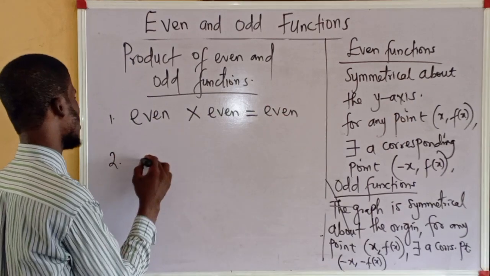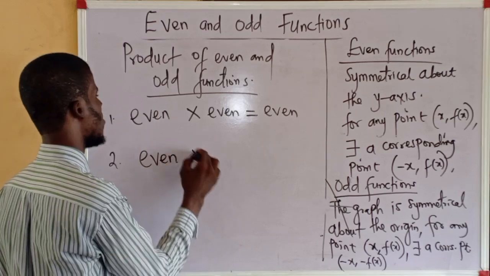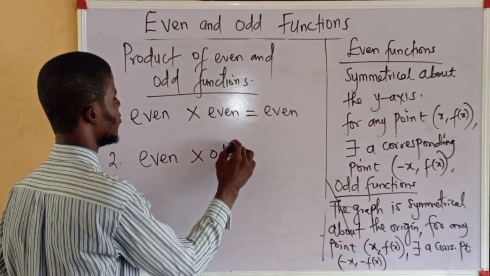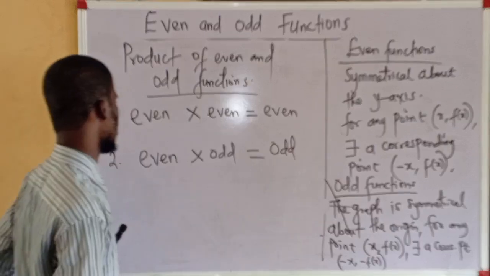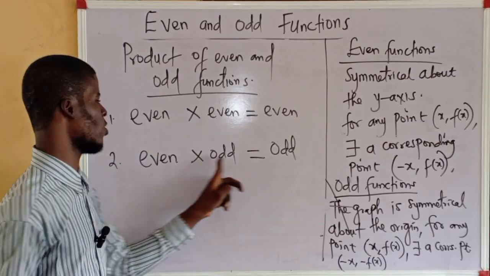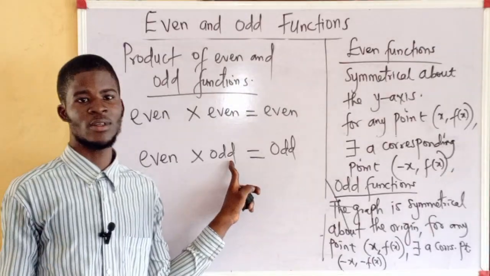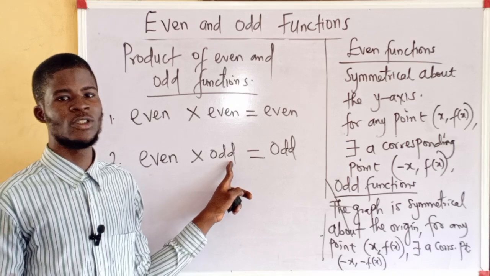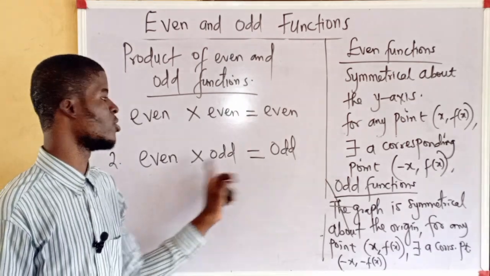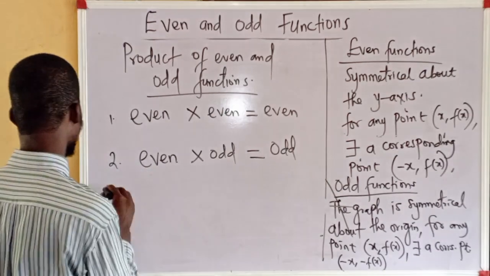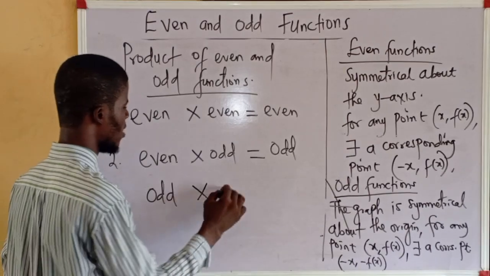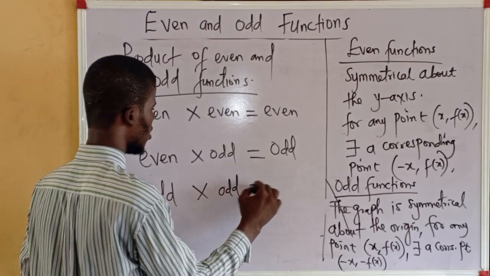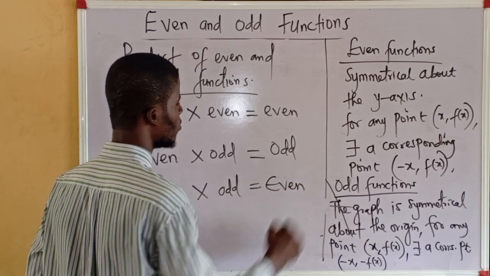If you multiply an even function by an odd function, the result is an odd function. Take note. Even times odd and odd times even is the same thing. Multiplication is commutative. They will produce the same results. What if you multiply an odd function by another odd function? It will produce an even function.